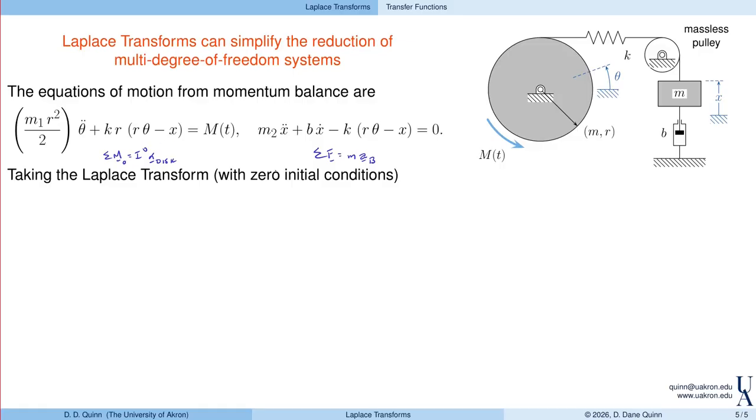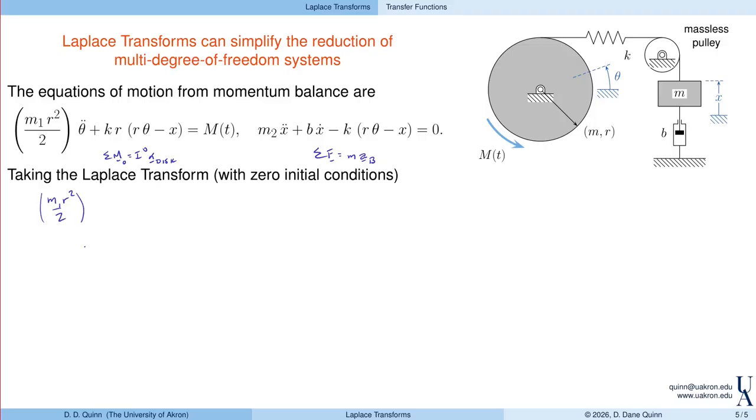So if I have these, I'll start off with the equations and show how the transfer function can be developed between the response of the block and the applied moment. In particular, if I take the Laplace transform, and I'm going to assume 0 initial conditions here, because I'm only really interested in the relationship between the moment and the block response, we'll get m1 r squared over 2. So we'll work on this first equation.